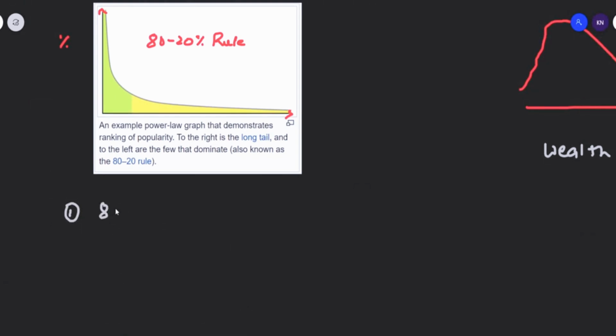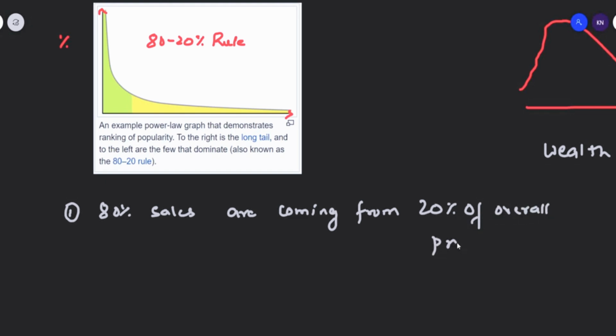Probably in a company, 80% of the sales are coming from 20% of the overall products. If I take this particular example, my y-axis will be percentage of sales, and my x-axis may be overall products.